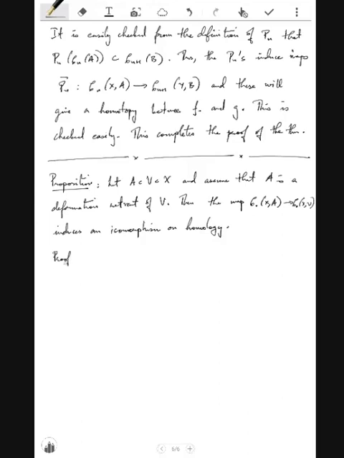So proof. So consider the following short exact sequence of homology groups of complexes. It's the following diagram.